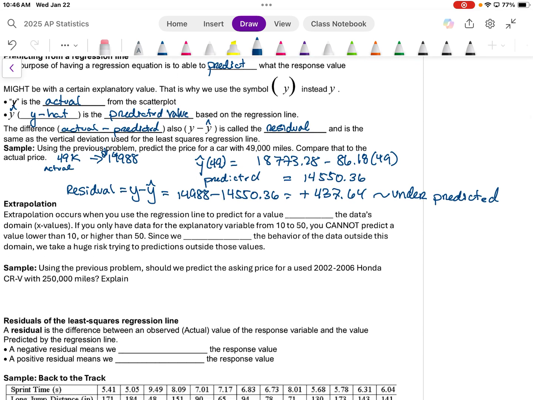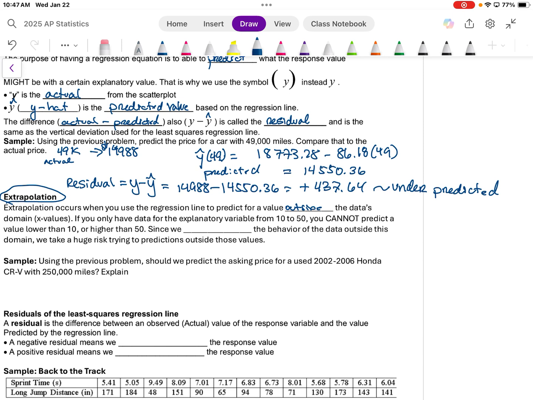Here's a vocab word that comes up where it's new to a lot of us, extrapolation. Extrapolation occurs when you use the regression line to predict a value outside the domain, the data's domain, or the X values.